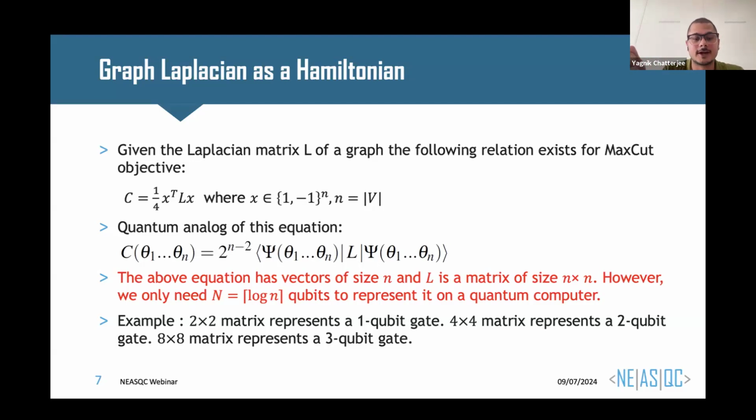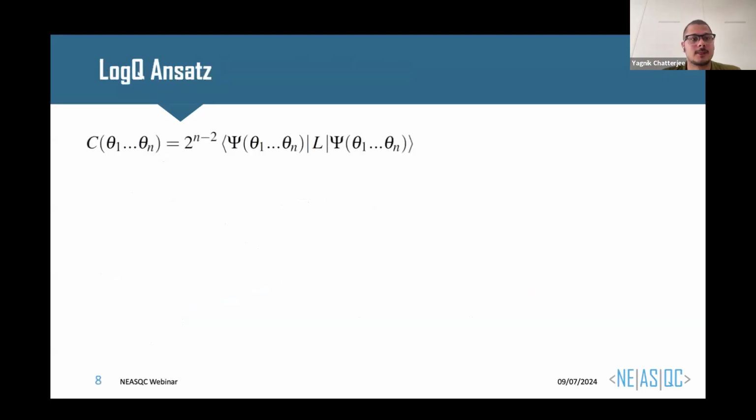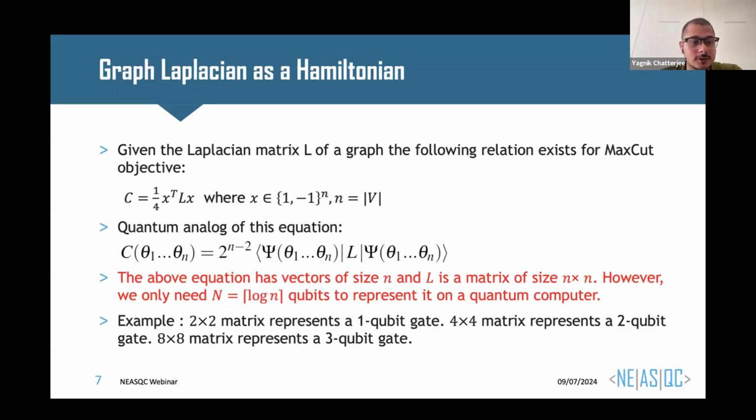So similarly, using this logic, if you have to find the expectation value of an n cross n matrix, you would require only log n qubits. Okay, so this equation that I said, C(theta 1 to theta n) equals <psi|L|psi>, is parameterized. So it's a parameterized representation of the equation on the quantum computer.